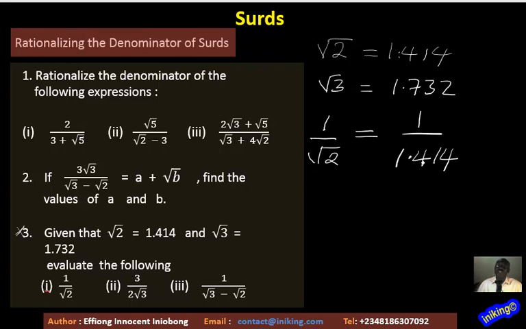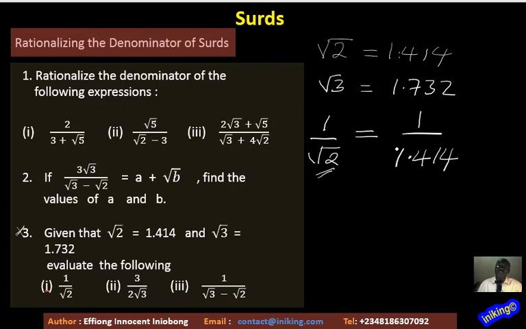The moment you get to this stage, you cannot simplify it because it becomes very difficult to carry out this division. Why? Because root 2 is an irrational number and the denominator we have right now is 1.414, so it is difficult for us to divide into 1.